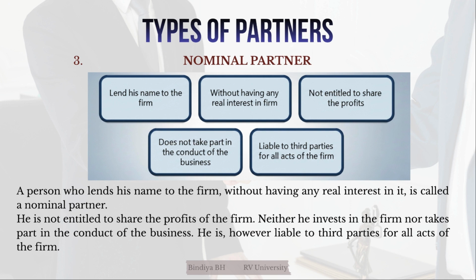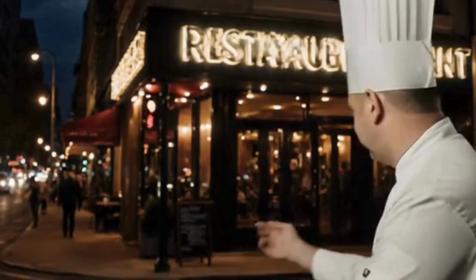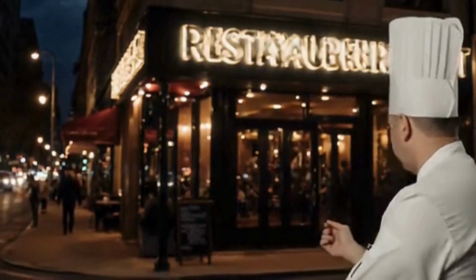He does not invest, neither does he share profits, but however, he is held liable to the outsiders. For example, a famous chef allows his name to be used in a restaurant brand. Here, such a partner is called a nominal partner.